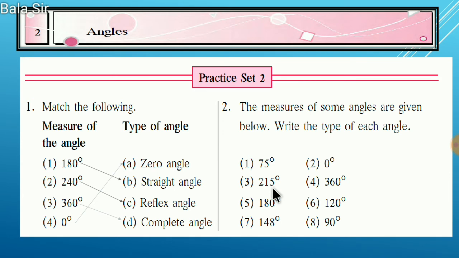This is more than 180 degrees but less than 360 degrees, so this is a reflex angle. 360 degrees is a complete angle. 180 degrees is a straight angle. 120 degrees, which is more than 90 degrees but less than 180 degrees, is an obtuse angle. 148 is also more than 90 degrees but less than 180 degrees, so we call this also an obtuse angle. 90 degrees is a right angle.